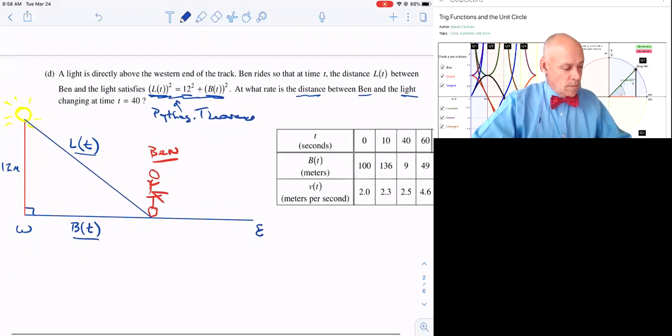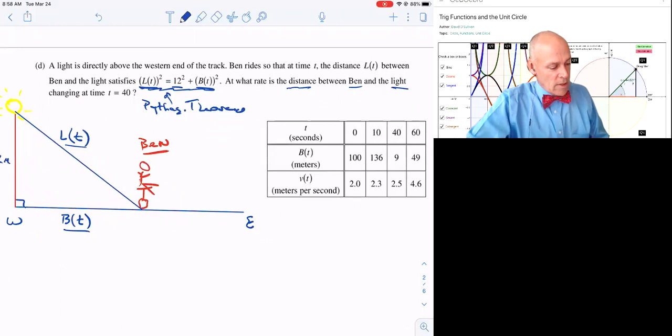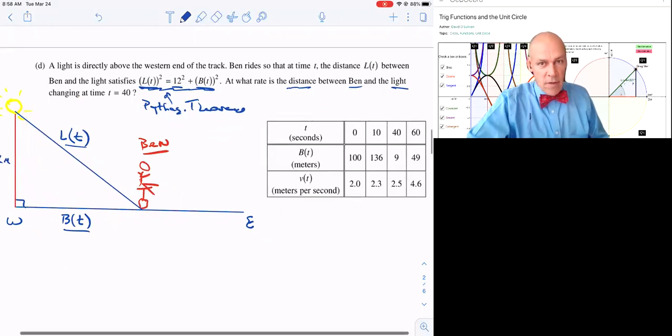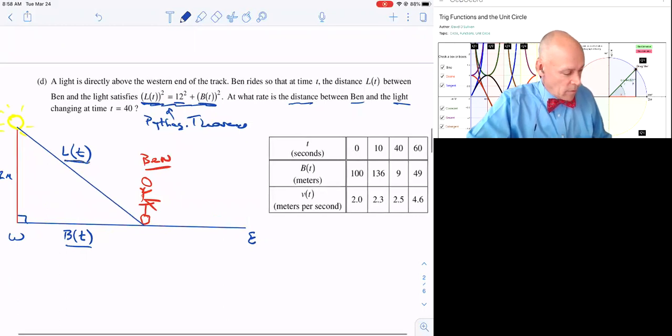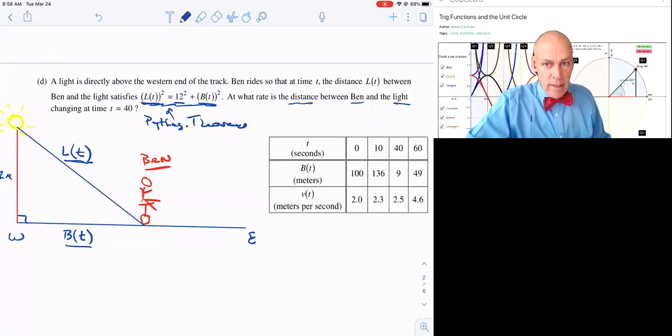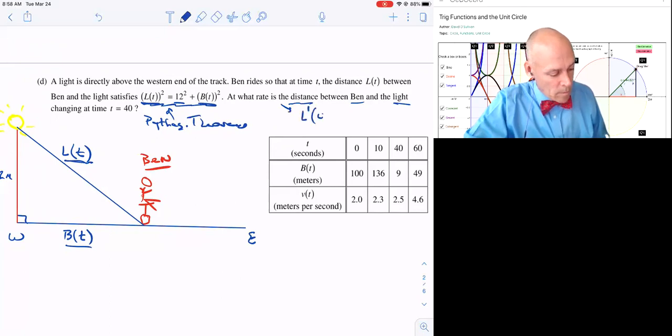So looking at this, what we're asked to find, at what rate is the distance between Ben and the light changing? So really I'm not looking for L at T because that's the distance, but I'm looking for the rate that the distance is changing at time 40. I'm really asked to find, that would be L prime. I'm really looking for L prime at 40.